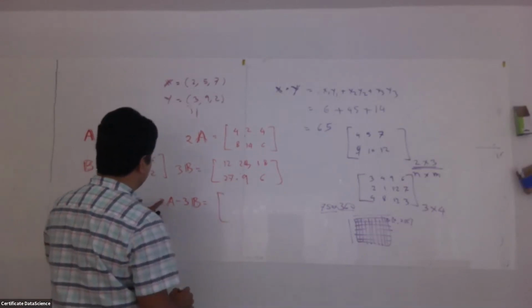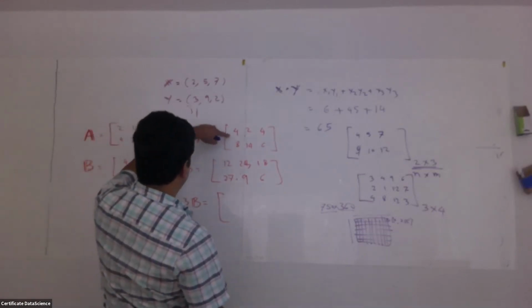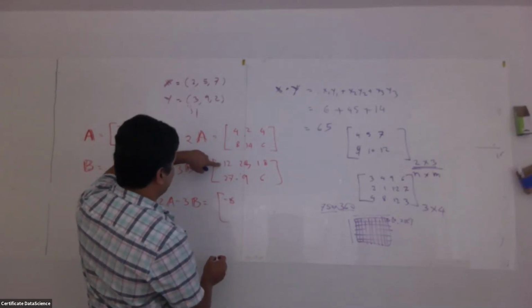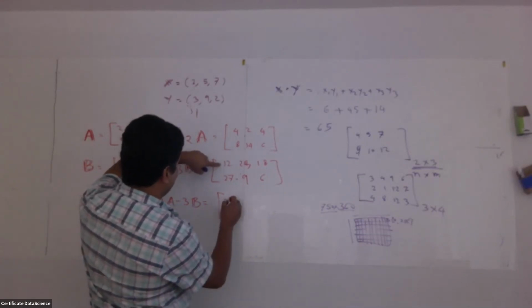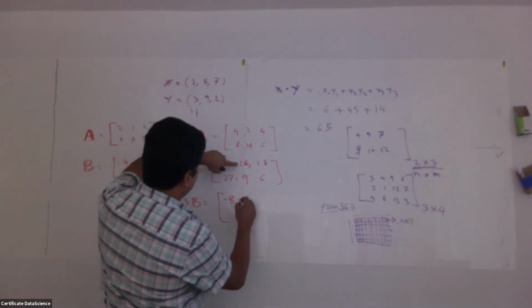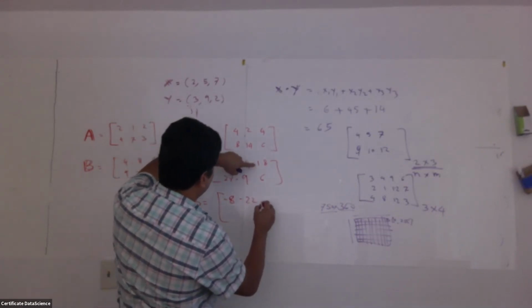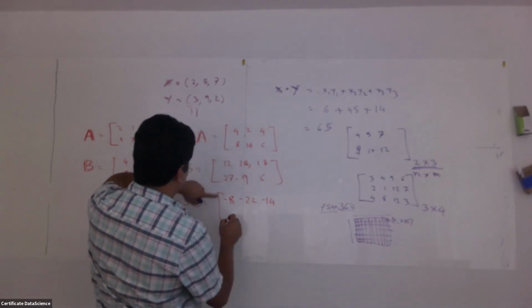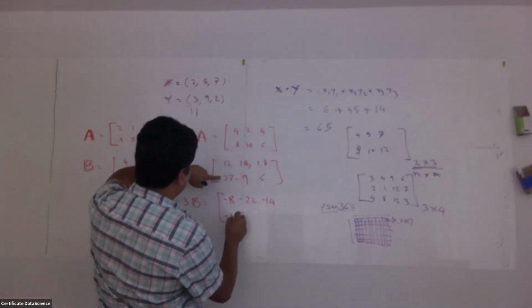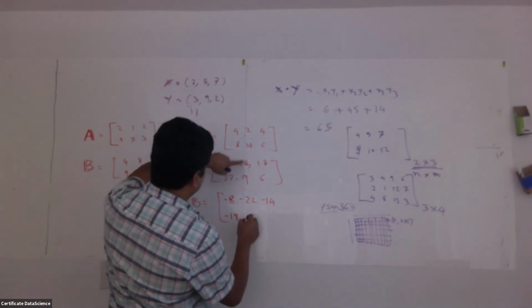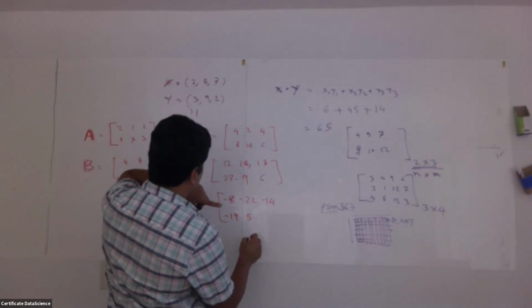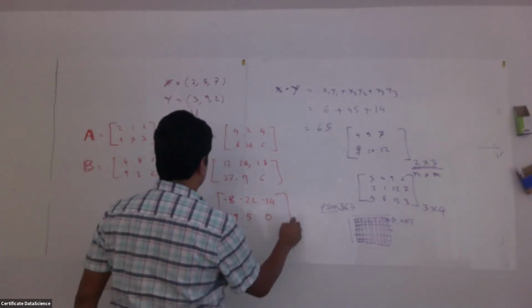This should be 2A minus 3B, it's minus 8. Oh, it's all going to be negative numbers probably. Anyhow, we'll do that anyway. Minus 22, minus 14, minus 19. This is 14 minus 9, 5, then 6, that's 0.